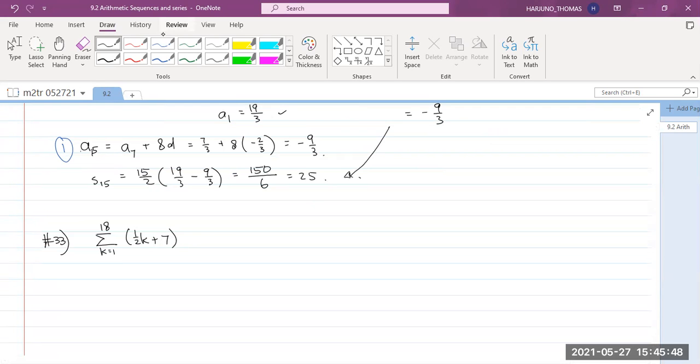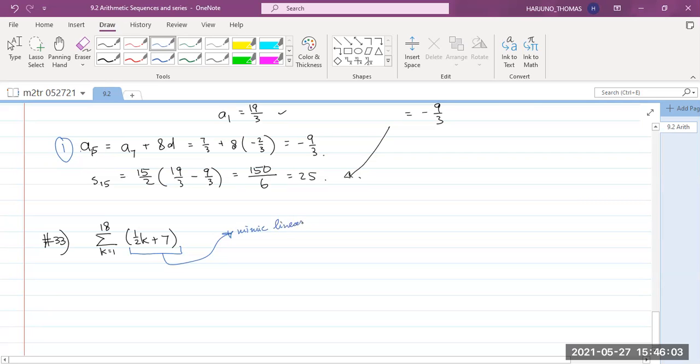Here you see, oh, you know what? The terms that I need to add mimic a linear function. So the sequence is arithmetic.